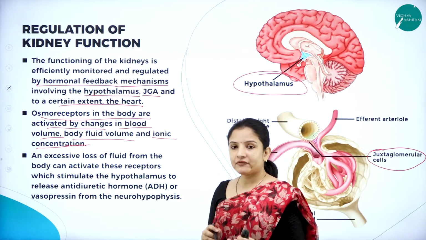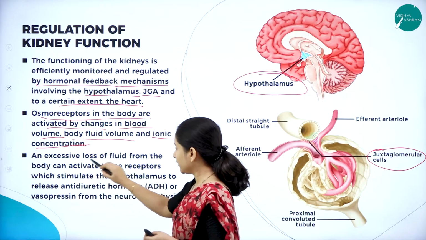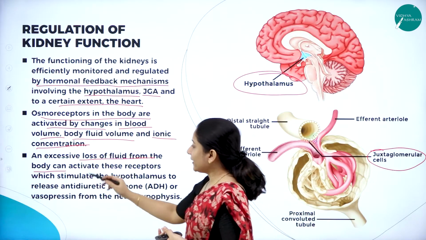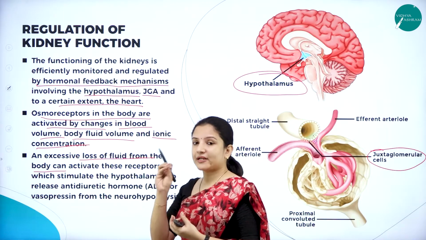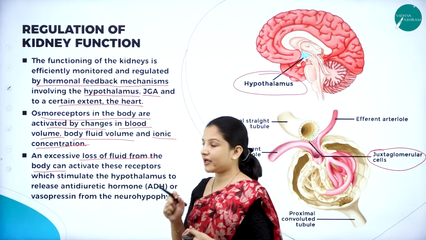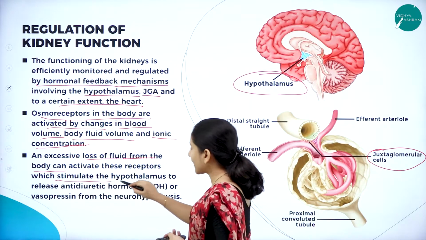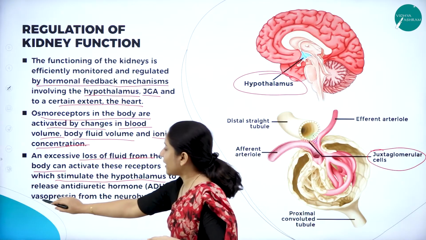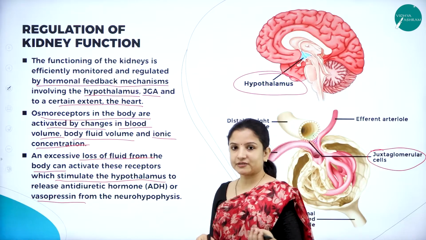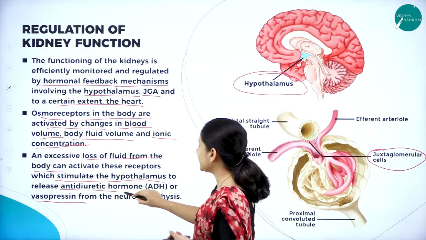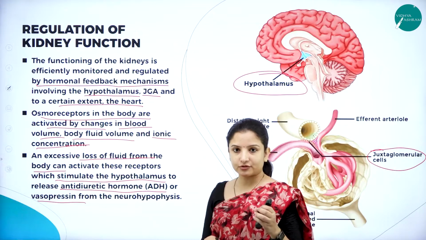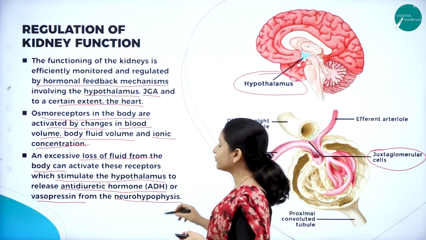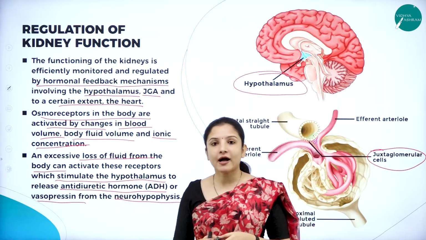Whenever there is an excessive loss of fluid from the body, these osmoreceptors get activated, and when the osmoreceptors present in the hypothalamus get activated, in turn they stimulate the hypothalamus to release a hormone called vasopressin, also called antidiuretic hormone, which is released from the neurohypophysis region.